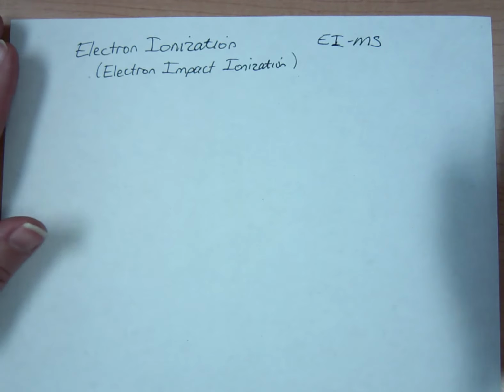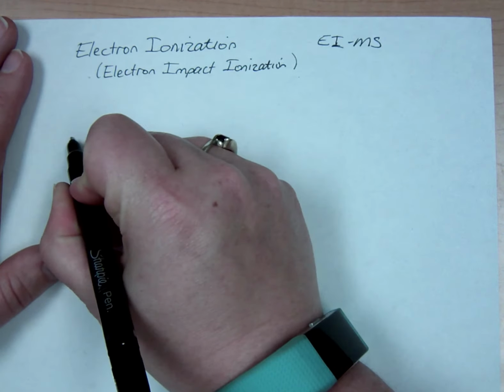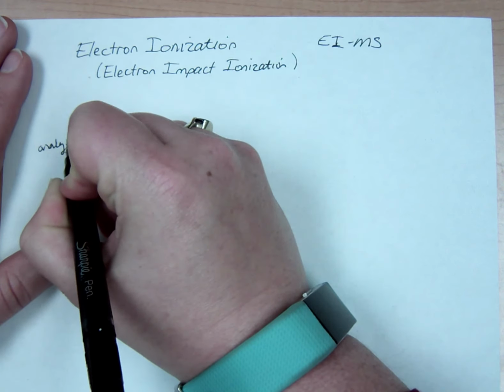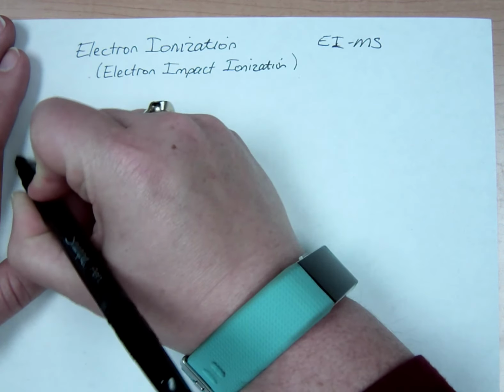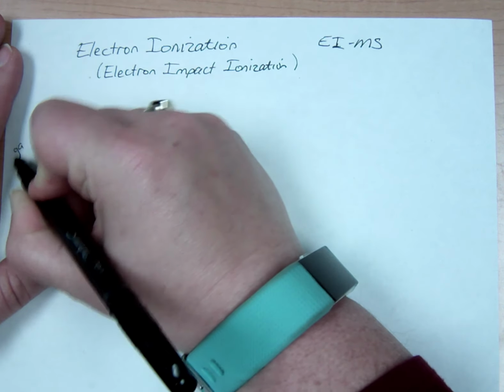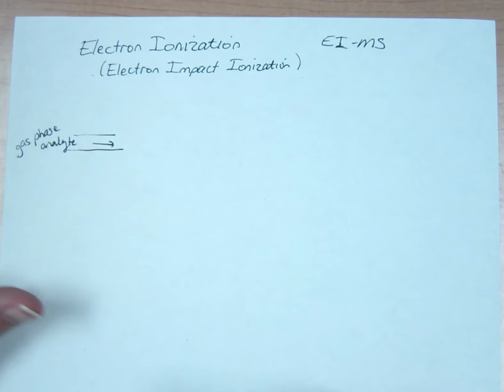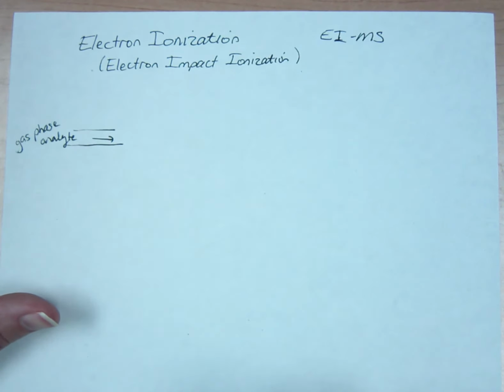ions. Okay, so the first thing we need to do is have an analyte coming in. This is in the gas phase. It's already in the gas phase, which makes this a really easy interface to use with a gas chromatograph.